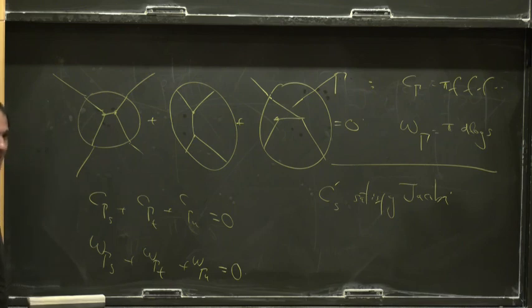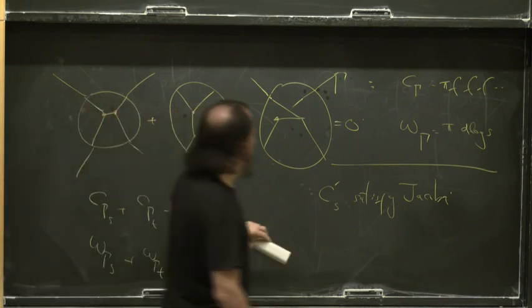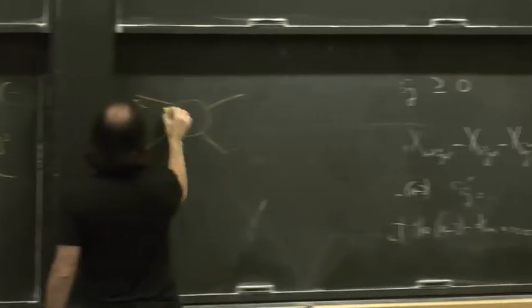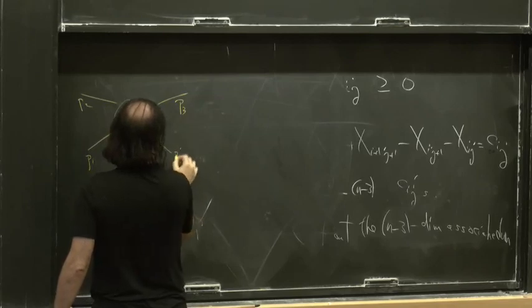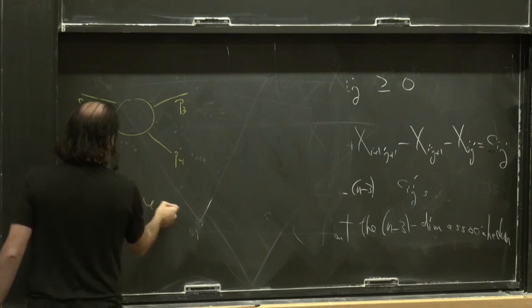So something made out of kinematic invariants satisfies precisely the color Jacobi relations. And the reason for this is really simple, the thing that you learn early on in field theory. When you think about just kinematics, if you have p1, p2, p3, p4, you learn that s plus t plus u is actually the sum of the masses.